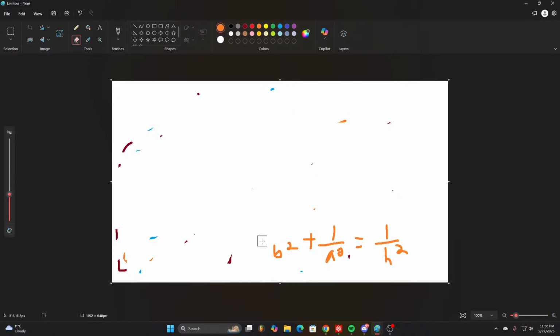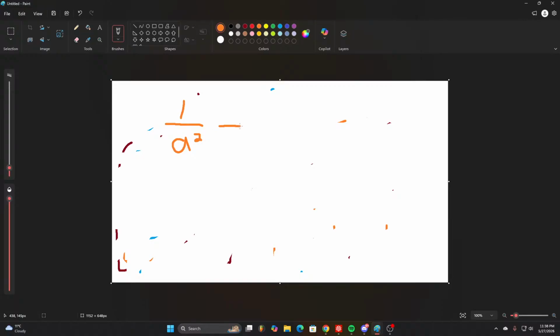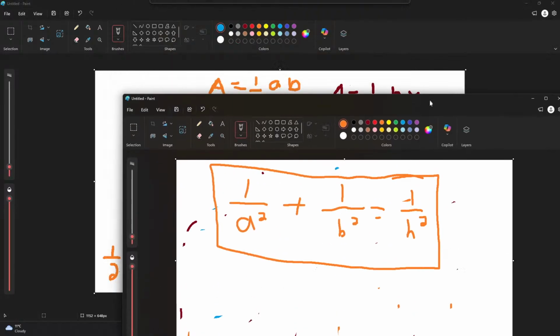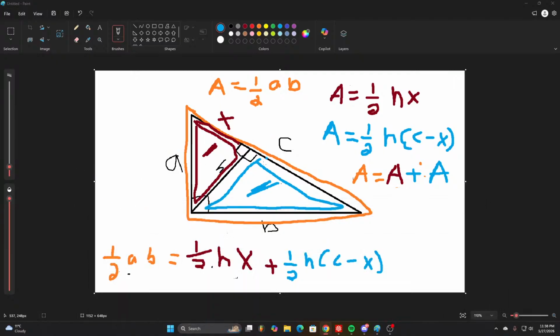So 1 over a squared plus 1 over b squared is equal to 1 over h squared. And now we have it, our inverse Pythagorean theorem. This is a pretty fun one. And remember, h was the leg of this triangle that we made. I'll erase some stuff to make it a little nicer.